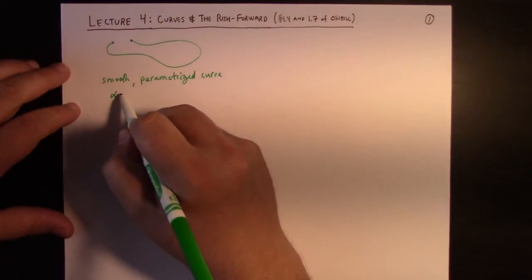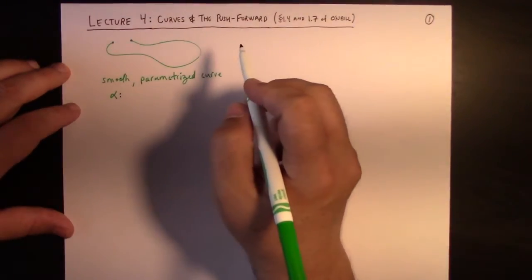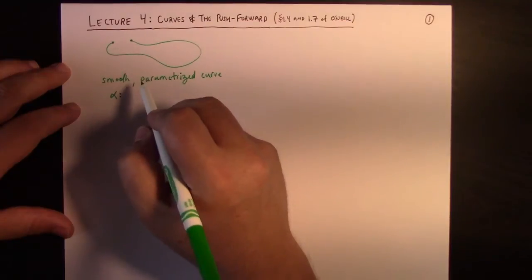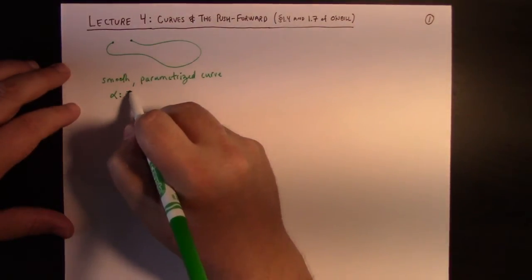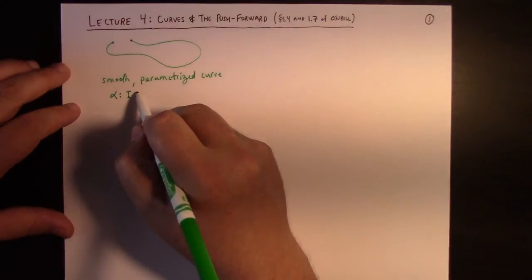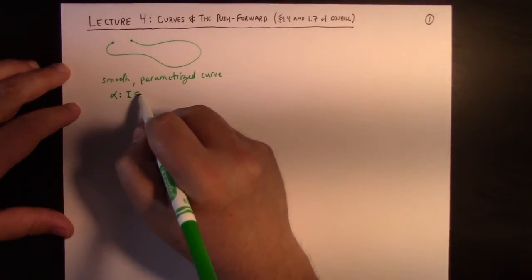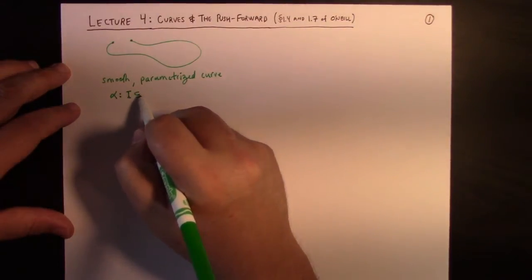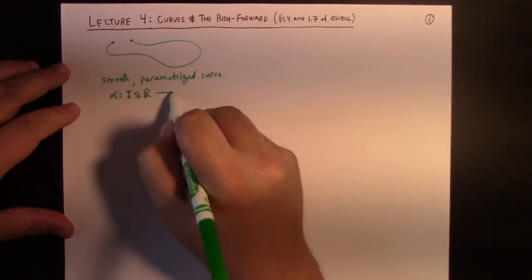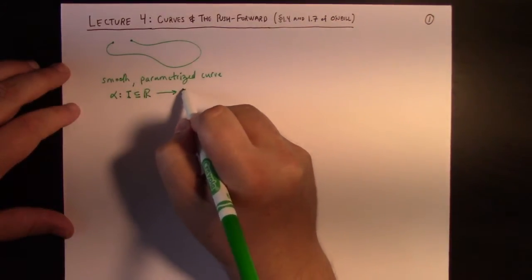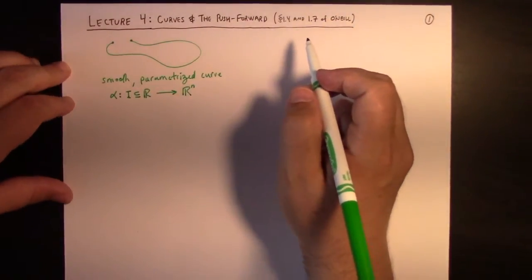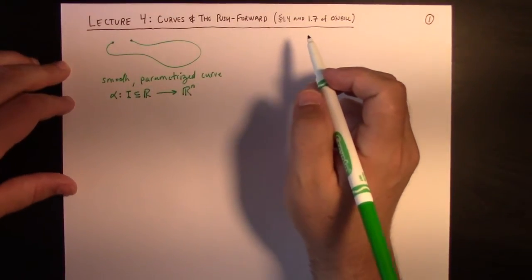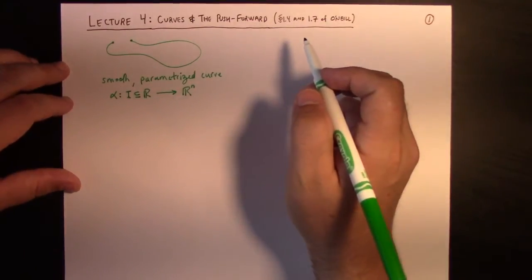Typically we've used alpha here in this part of Gunnell or O'Neill, I forget which. So alpha is some mapping from some interval, some connected subset of real numbers, to, well, generally Rn. Of course, O'Neill is primarily interested in R3, but you could just as well define it to be Rn.